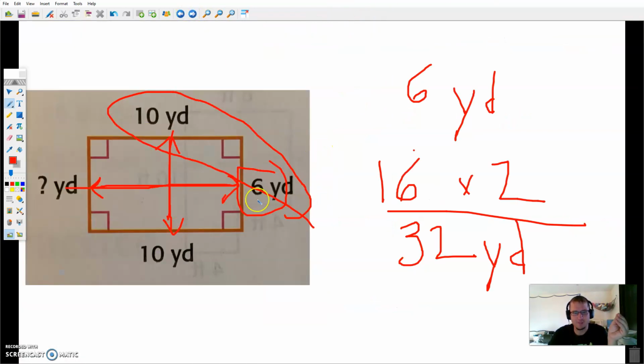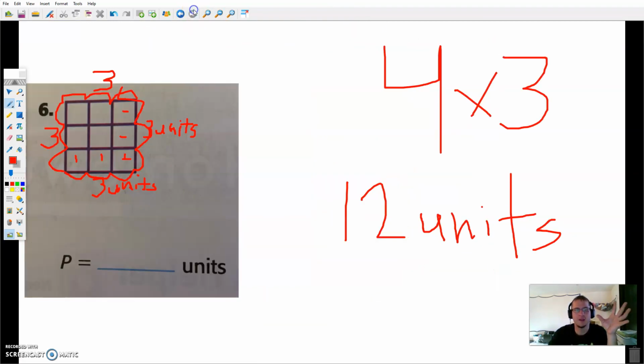Okay. If I've got the missing side, it's remembering that opposite sides are equal, and if it just gives me the boxes drawn like so, then I just have to count them so that I know that it's 3 units by 3 units, or whatever.